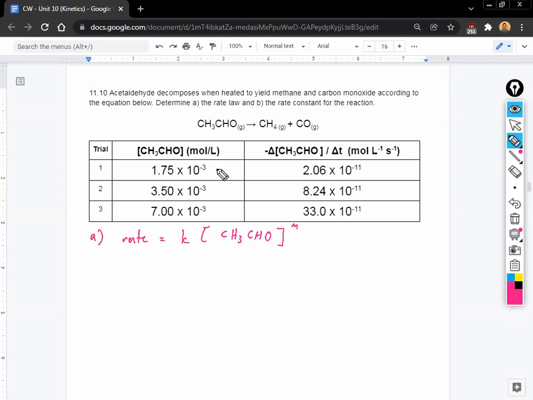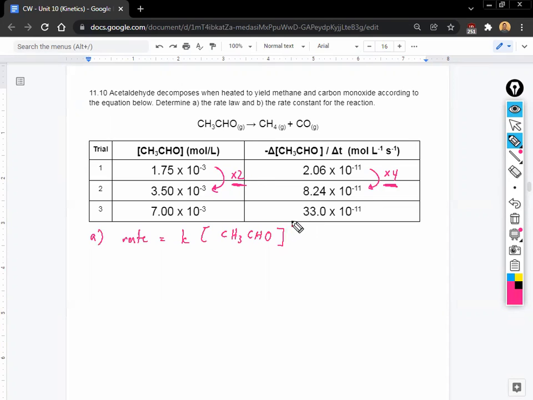So let's look at the first one, 1 and 2. How does the concentration change here? Yeah, times 2. Now, if I multiply the concentration by 2, what happens to the rate? Yeah, it goes up by times 4. So if you look at the relationship of the change, 2 and 4, you can see that doubling the concentration will quadruple the rate.